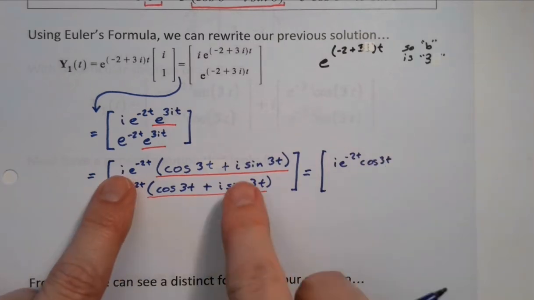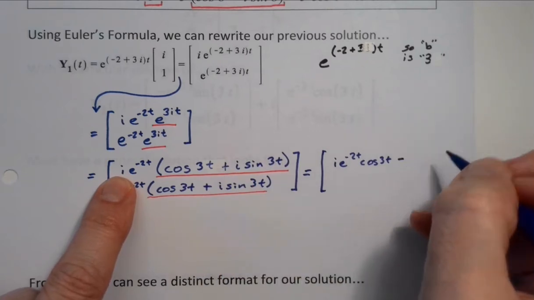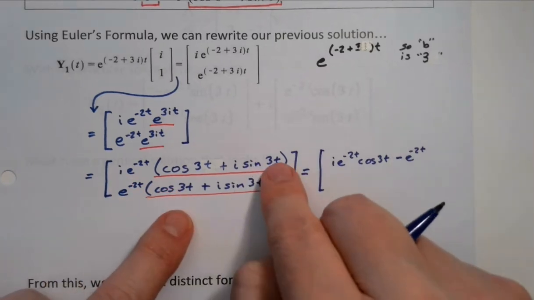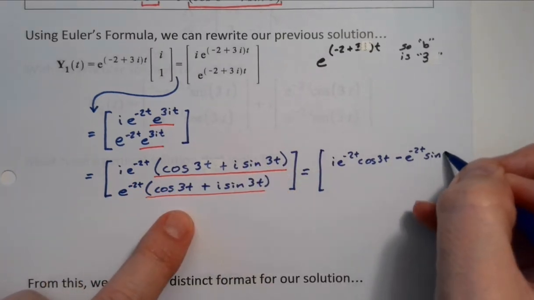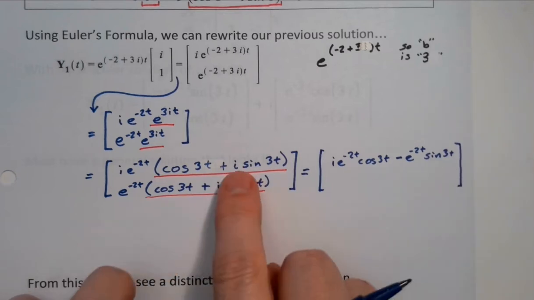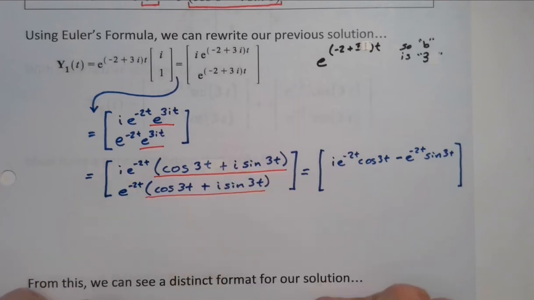And then i times i makes a negative 1, so this will become minus e to the minus 2t times sine of 3t. So that i blows up when it multiplies through with that other i.